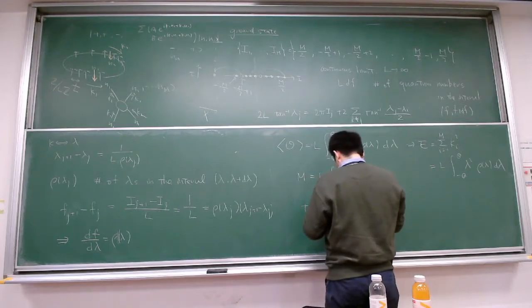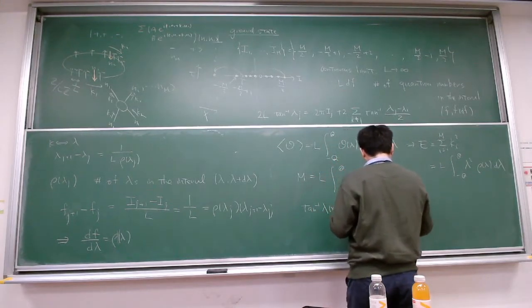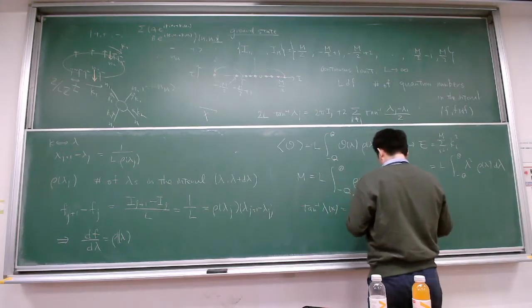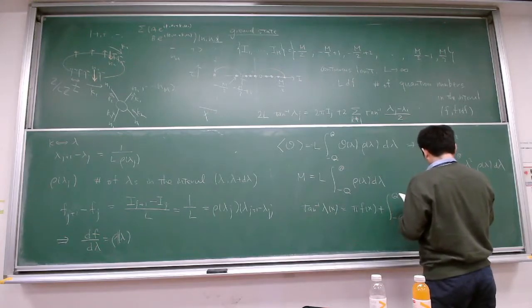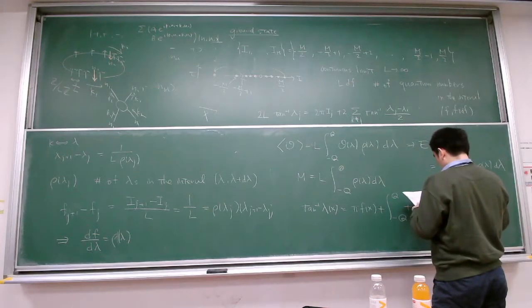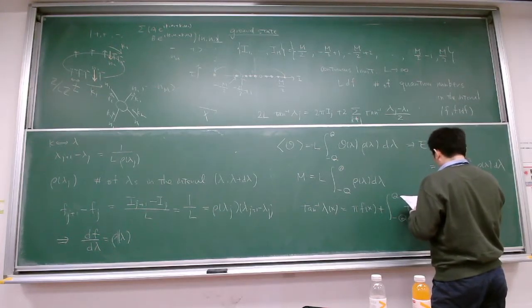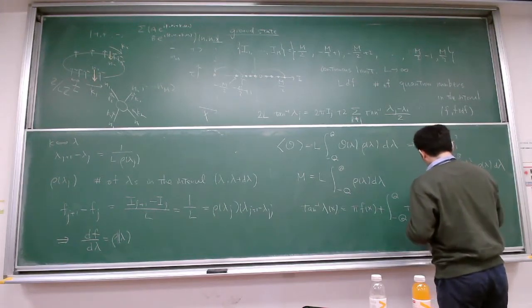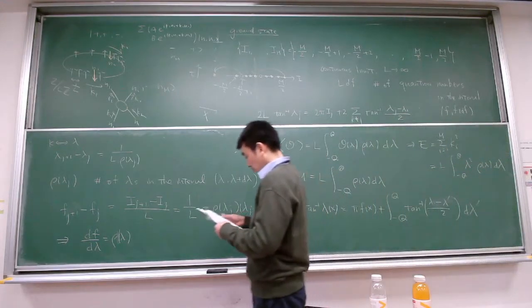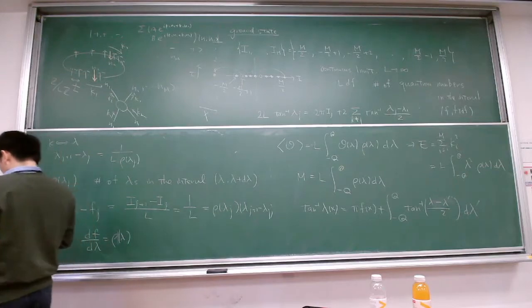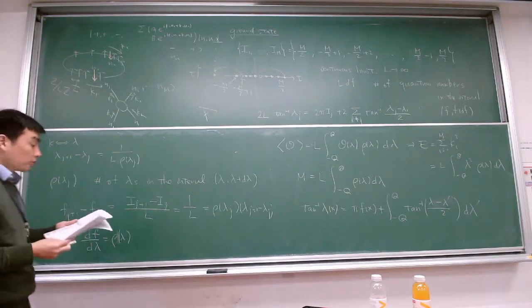Therefore you have pi f(x) plus the integral from minus q to q of tangent inverse of (lambda minus lambda prime) over 2, d lambda prime. So this is the equation in the continuous limit.